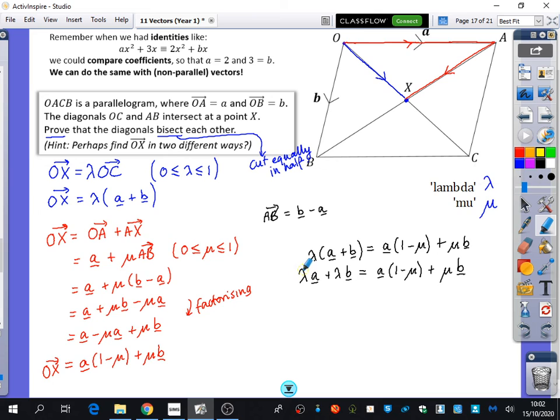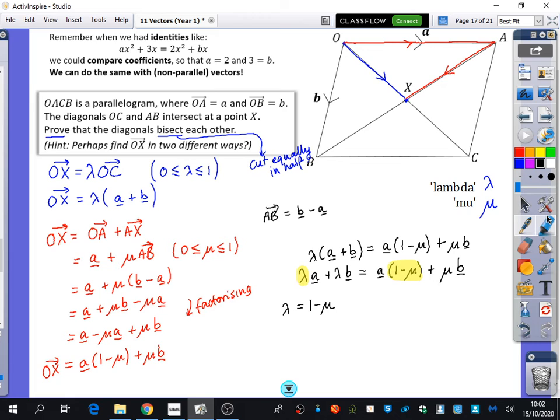So the A coefficient on the left-hand side is lambda, and the A coefficient on the right-hand side is 1 minus mu. So what do we know about lambda and 1 minus mu? They must be the same as each other. So lambda must be equal to 1 minus mu. Otherwise, they couldn't be the same vector.